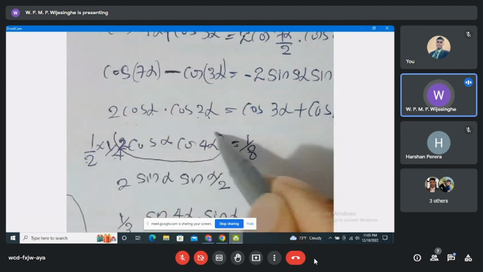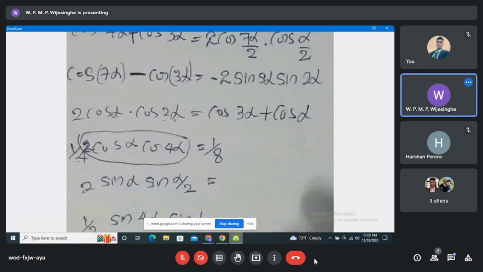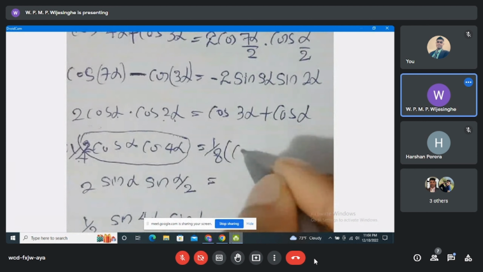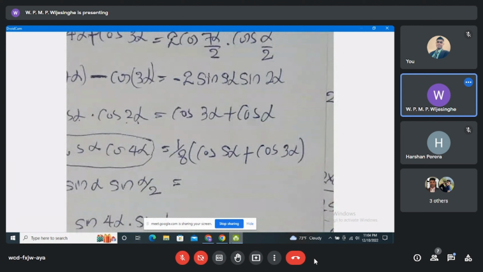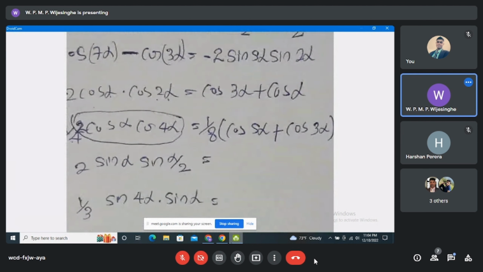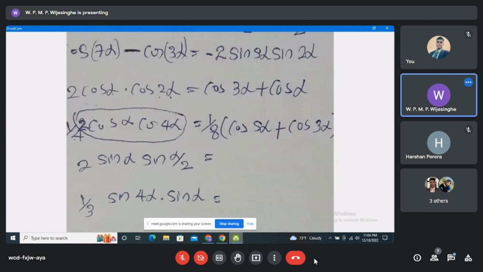In these terms, it is cos terms. So summation of two cos angles, cos alpha plus 4 alpha, it is 5 alpha, plus the difference, cos the difference of the angle 4 alpha minus alpha, it is 3 alpha. Here 2 sin alpha, sin. So it is the difference between two cos angles, right?